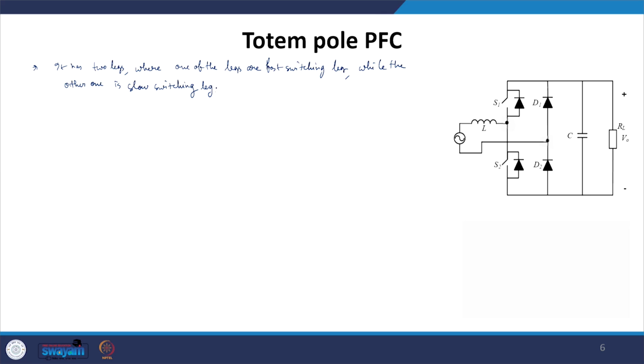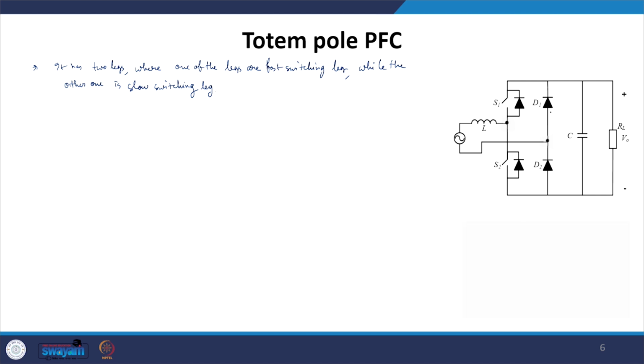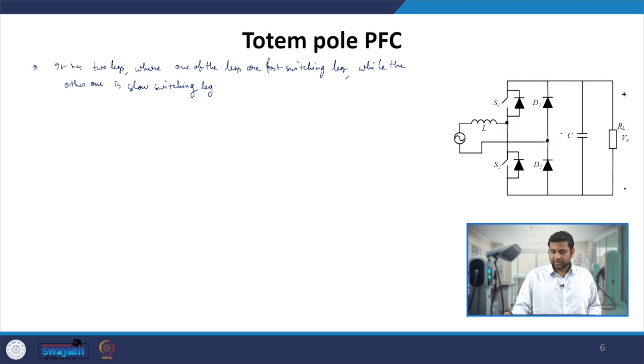And this is one of the advantages of this totem pole PFC converter: S1 and S2 switch at a faster switching frequency, while D1 and D2 are forward and reverse biased in the line frequency period, and thus we do not need fast recovery D1 and D2 diodes. It can be done with slow recovery diodes themselves. So that is one of the advantages, and at any given instant only two devices are in conduction.